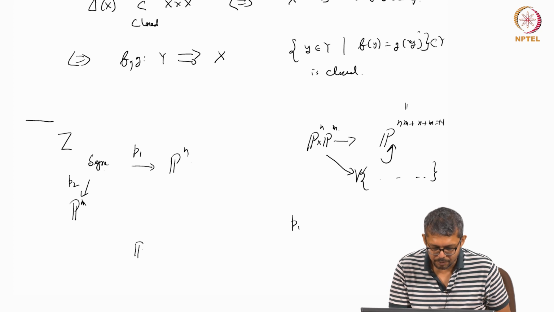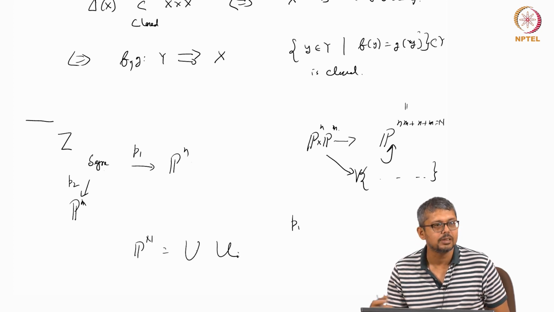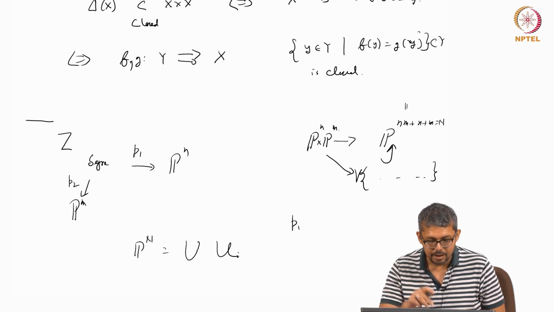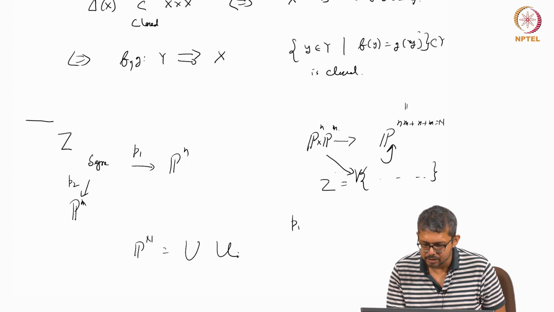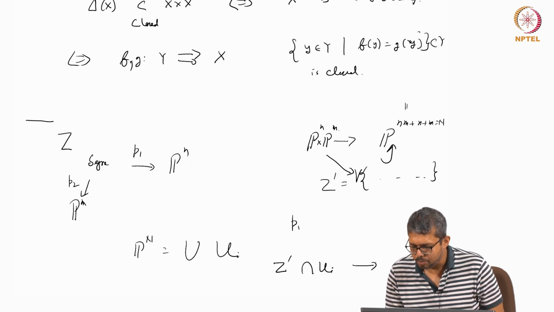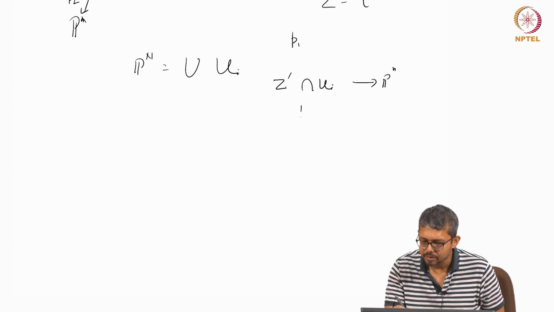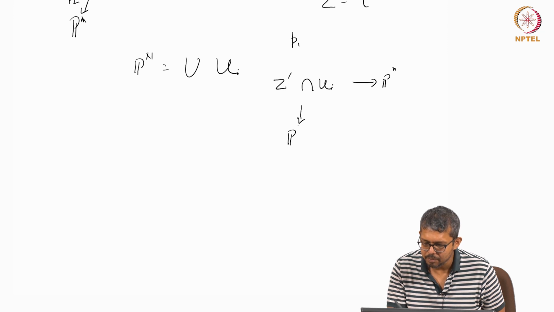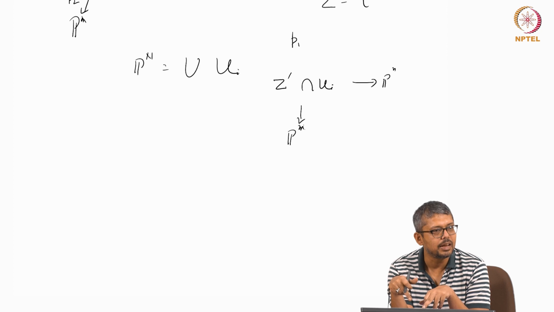Pn you can write as the standard affine cover Ui. Then you take Z prime, and Z prime intersection Ui to Pn, you have defined a map, and Pm. Now you see that they glue on the intersection.